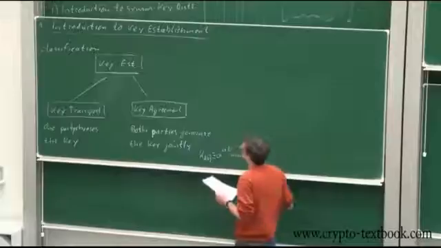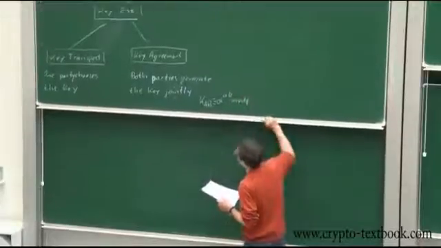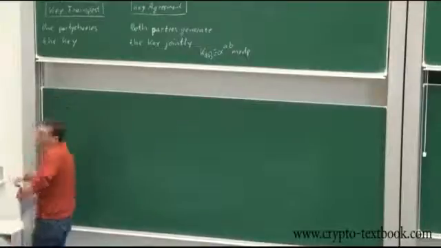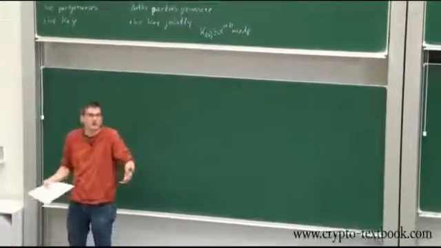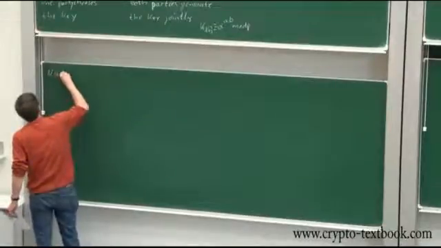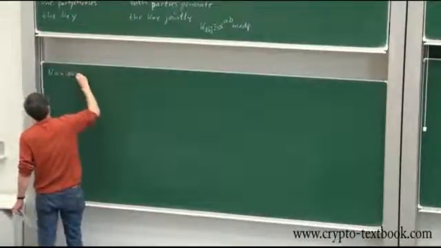What we start with now is we want to look at the most basic approach. How can we do key distribution? Naive approach.